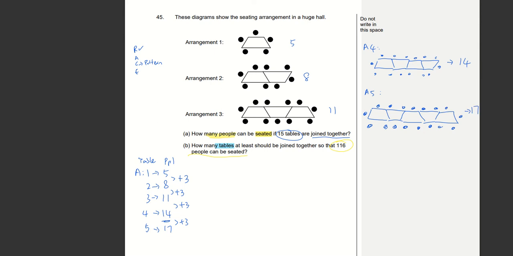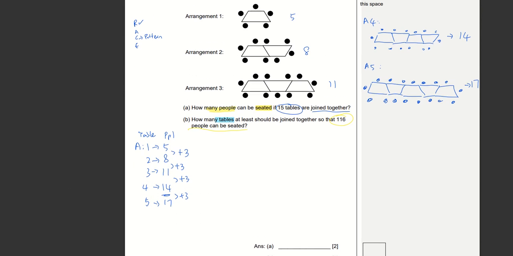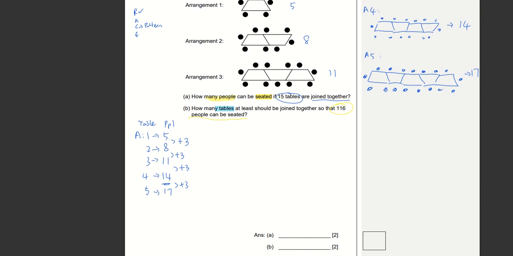So I've got 17. Now, you realize that if I'm really going to go by listing it one by one, 6 tables is 20, 7 is 23, 8 is 26. If I go by the listing, you realize that you would actually be able to get to the answer.